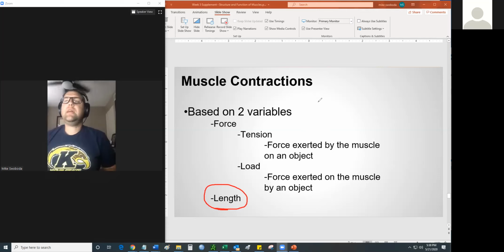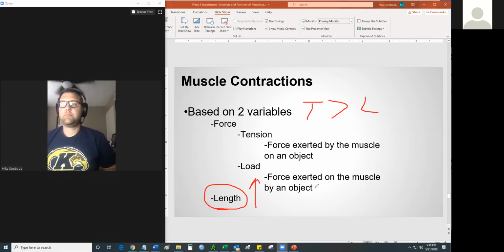So if my tension is greater than my load, my length decreases. Sorry, I told you that backwards there.